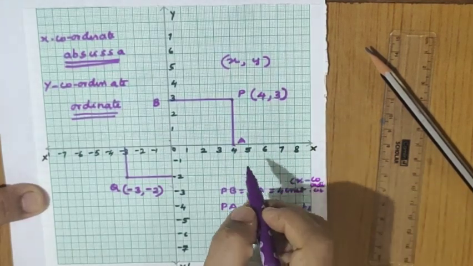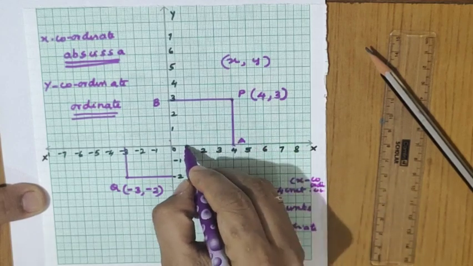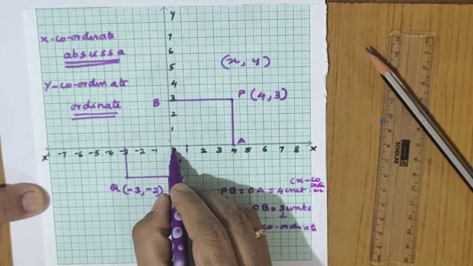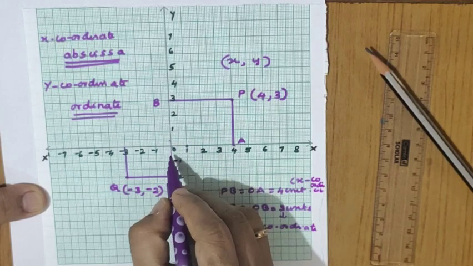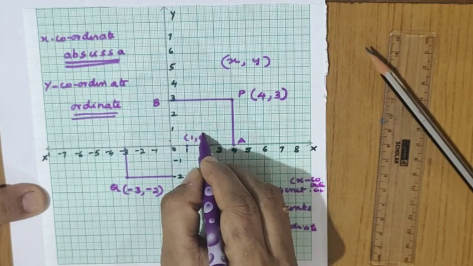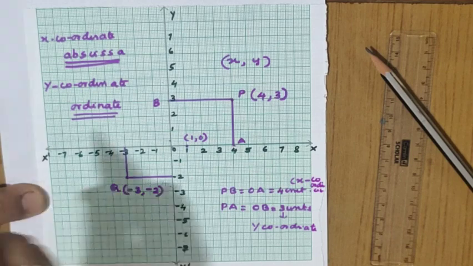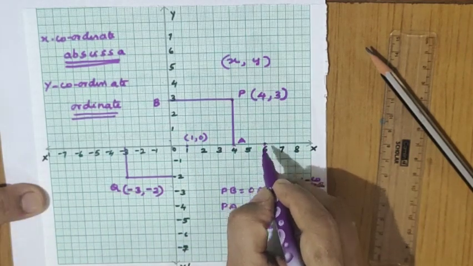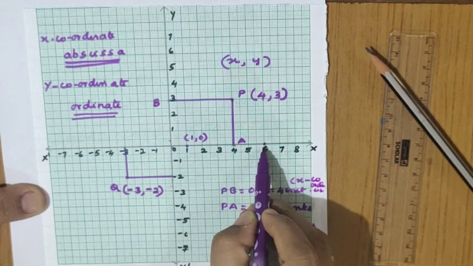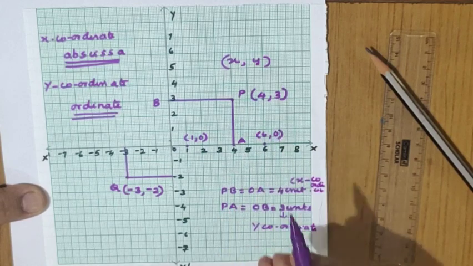Now, how do we represent a point on the x-axis and the y-axis? I'll take the point here. I have taken a one unit movement along the x-axis, but there is no movement along the y-axis. So the distance is 1, 0, and in coordinate form, it is (1, 0). Similarly, here, how much distance have I measured along the x-axis? 1, 2, 3, 4, 5, 6. But I have no movement along the y-axis, so (6, 0).